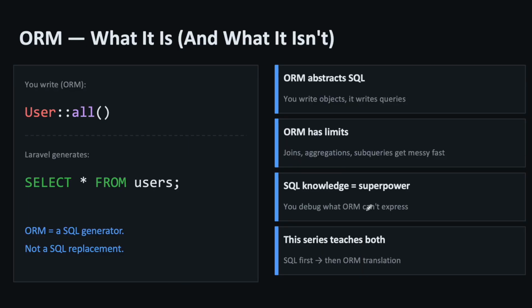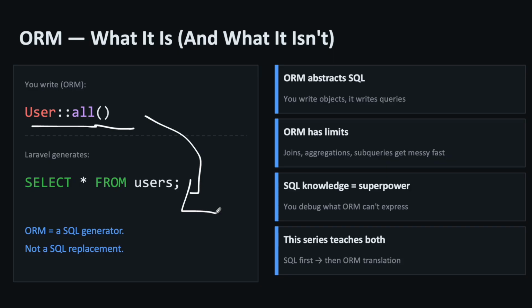Now let's talk about ORM. When you write User::all in Laravel, we are using Eloquent, which is an ORM. ORM means object relational mapping. It takes our PHP code and converts it into SQL. We can also use the toSql method on any query builder query to see the generated SQL in Laravel.